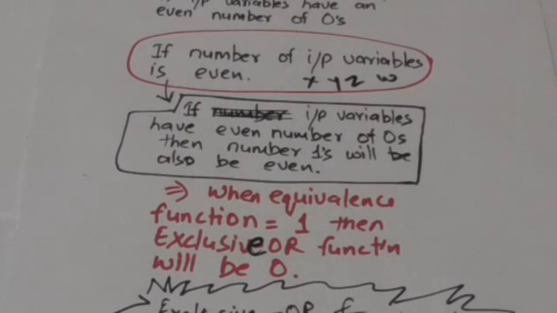So if there are an even number of input variables, then for some combination of values of these input variables where the value of the equivalence function is 1, for the same combination the value of the exclusive OR function will be 0.